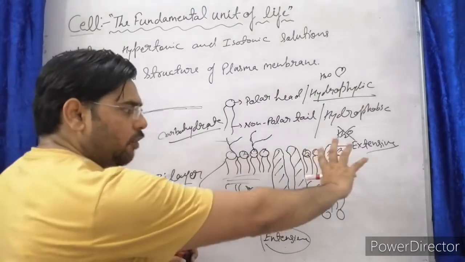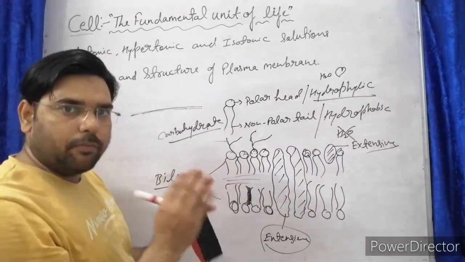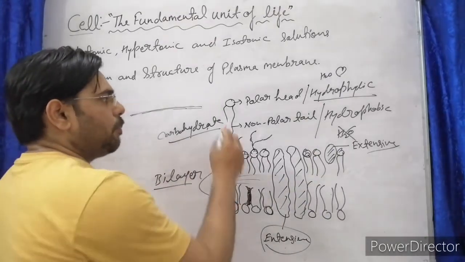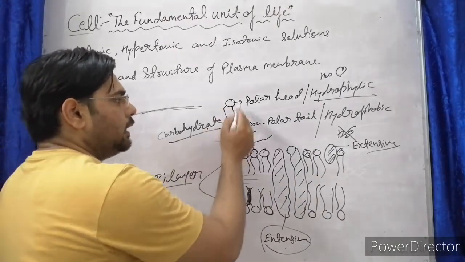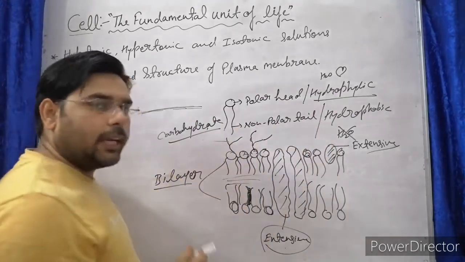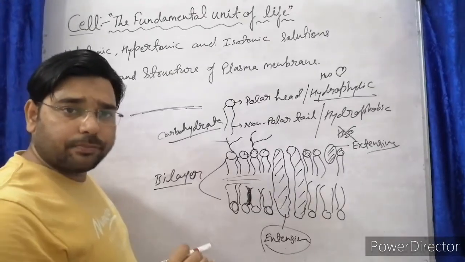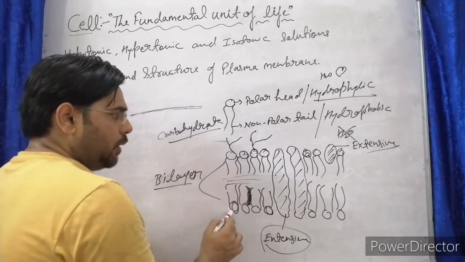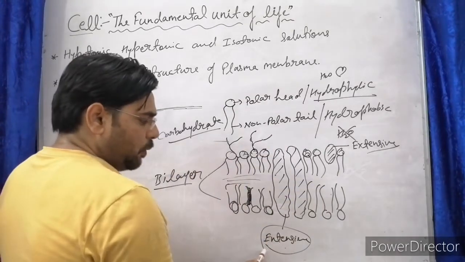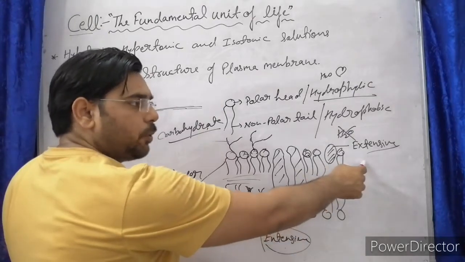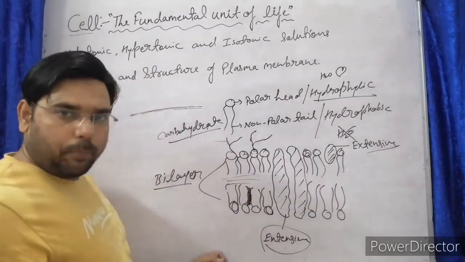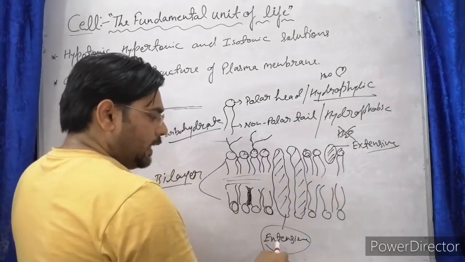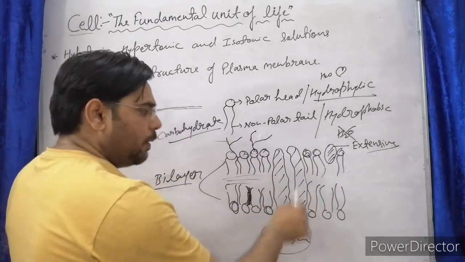The fluid mosaic model of the plasma membrane has a bilayer of phospholipid. The head is made up of phosphate, and the non-polar tail, which is hydrophobic, is made up of hydrocarbon. It has two types of protein: extrinsic protein, which is partially embedded in the plasma membrane, and intrinsic protein, which is completely embedded.